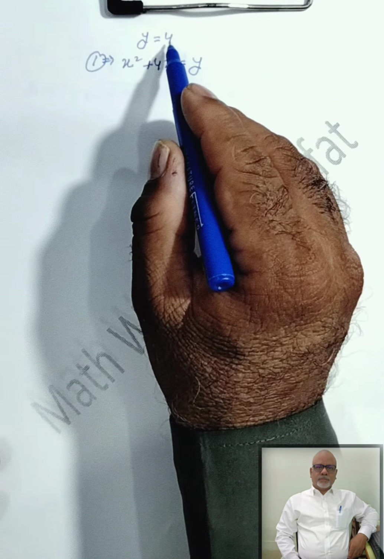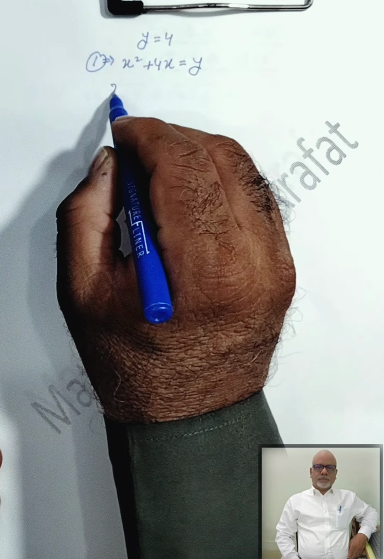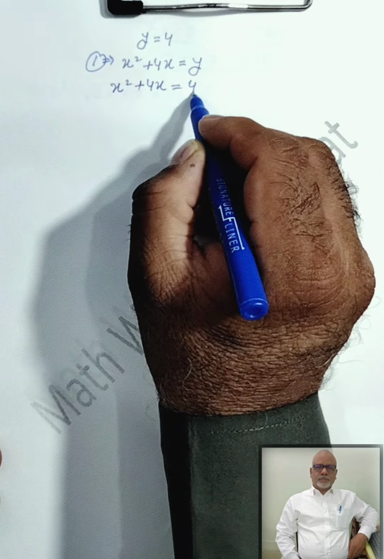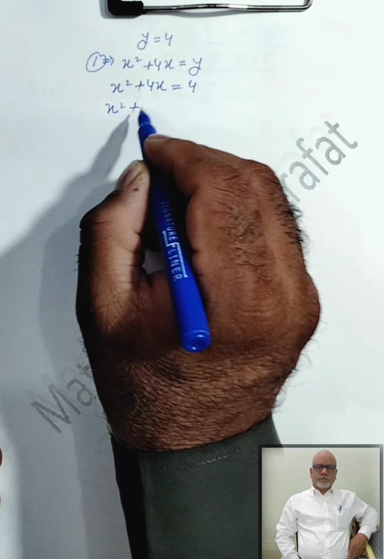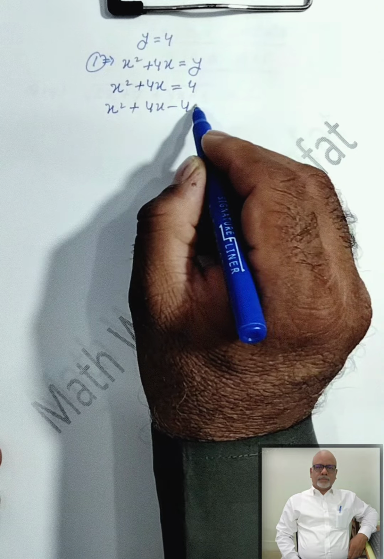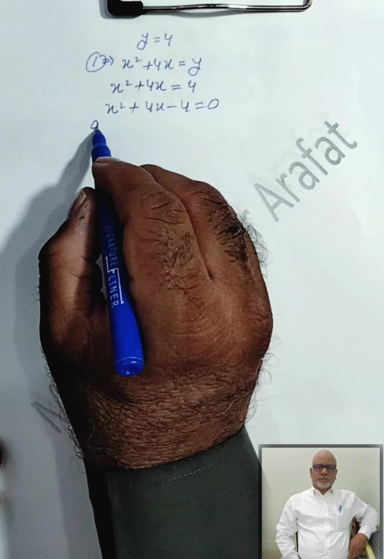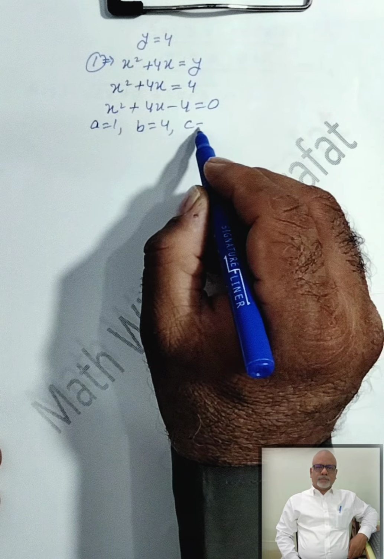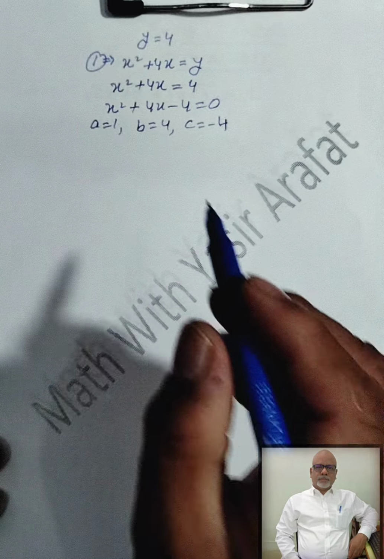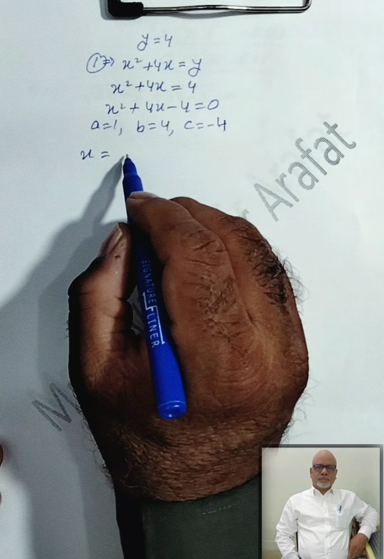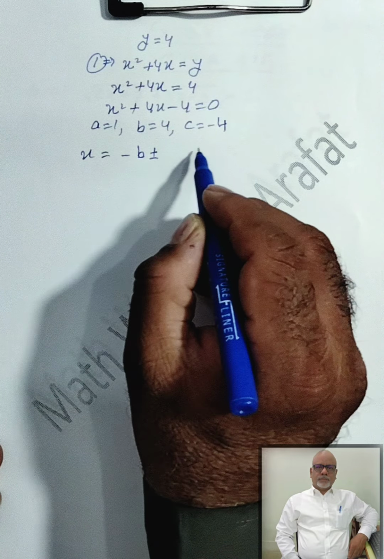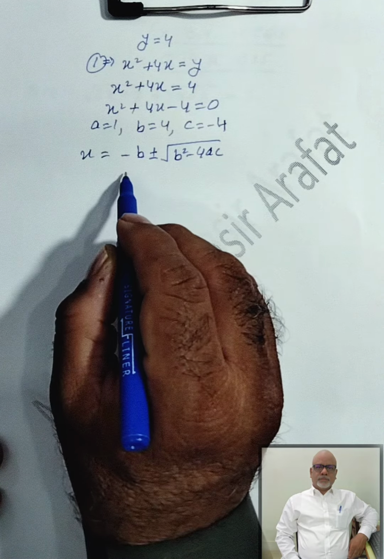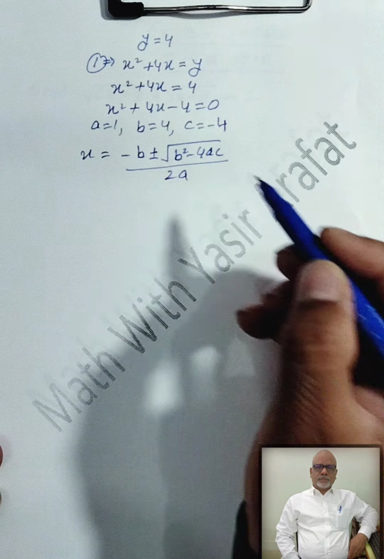Now we put y equal to 4 in equation number 1 again. So this is x square plus 4x equals 4, so x square plus 4x minus 4 equal to 0. Again a is equal to 1, apply the quadratic formula, b is equal to 4 and c is equal to minus 4. So x is equal to minus b plus minus radical b square minus 4ac over 2a.